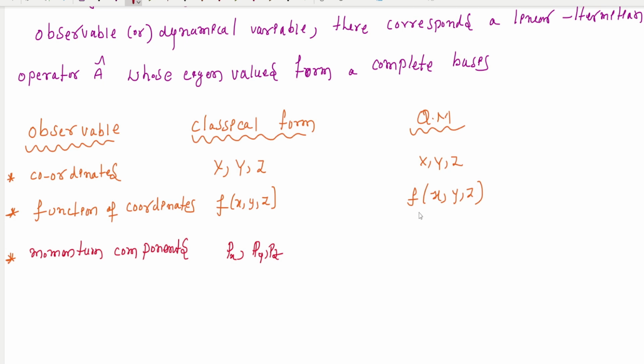In quantum mechanics, there is an operator, minus i h cross dou by dou x, which is the x component. So this is the y component of momentum, and this is the z component of the momentum.